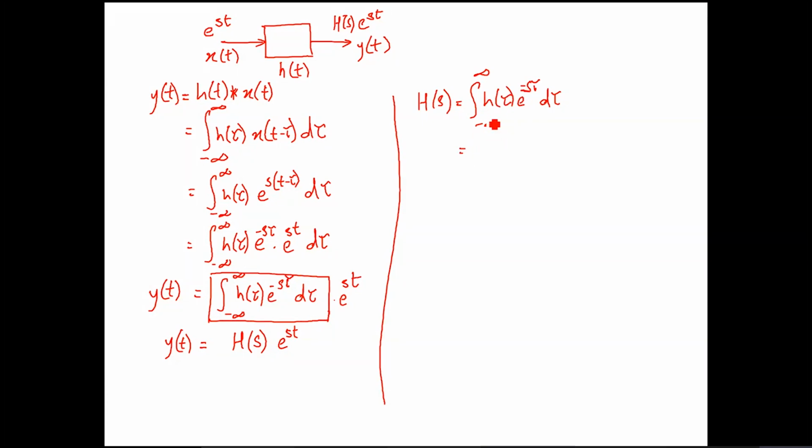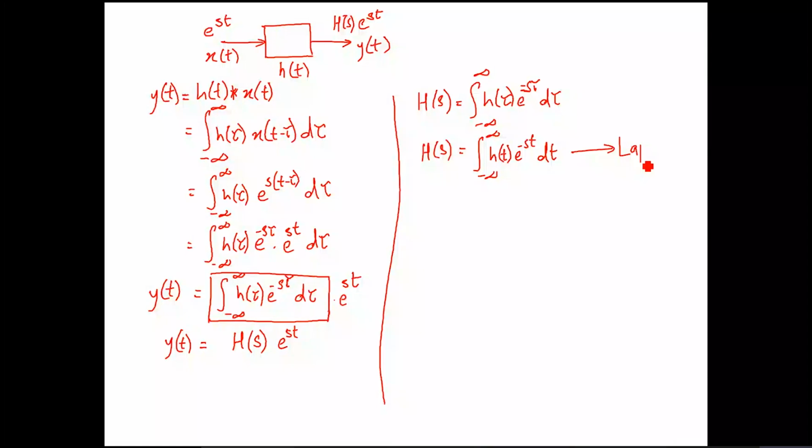Whether you write it as h of tau or h of t doesn't really matter, it gives you the same result. It is one and the same thing. This you have already covered in mathematics, and it is basically the Laplace transform.